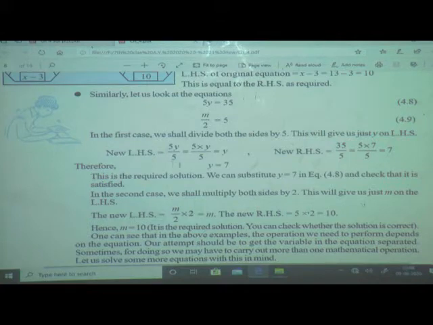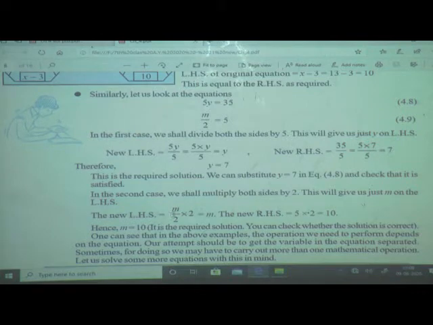Here we had seen the equation for multiplication, and in the second case we multiply both sides by 2. Why are we multiplying? Because we want to find the value of the variable, that is m. If you multiply 2 on the left hand side and 2 on the right hand side, we will have the variable m separate, so we can find the value of m.